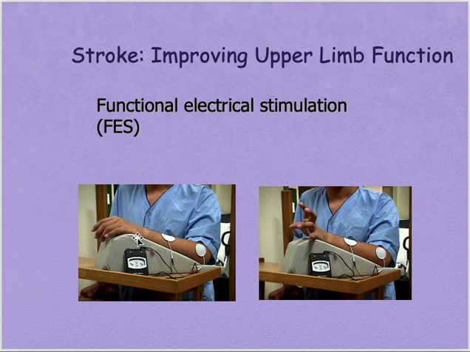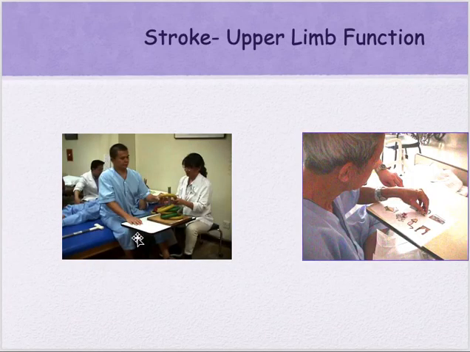Then, you can see over here, they are doing rehabilitation by letting them learn how to use the left hand. For example, someone who is right-handed, as a result of stroke, cannot use their right hand anymore, and there is no movement at all, or there will be no recovery at all, depending on the predictors.